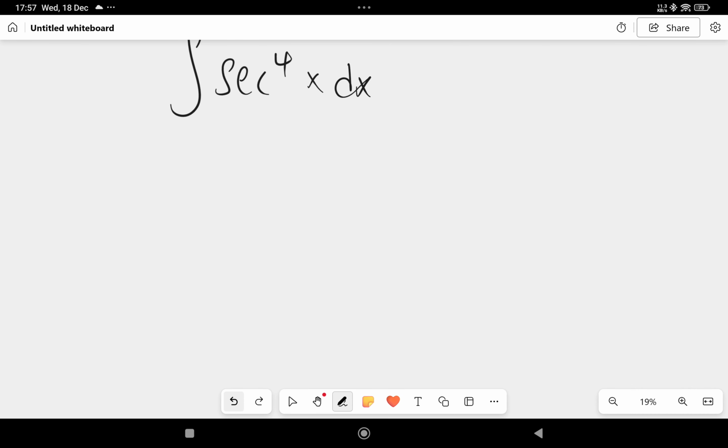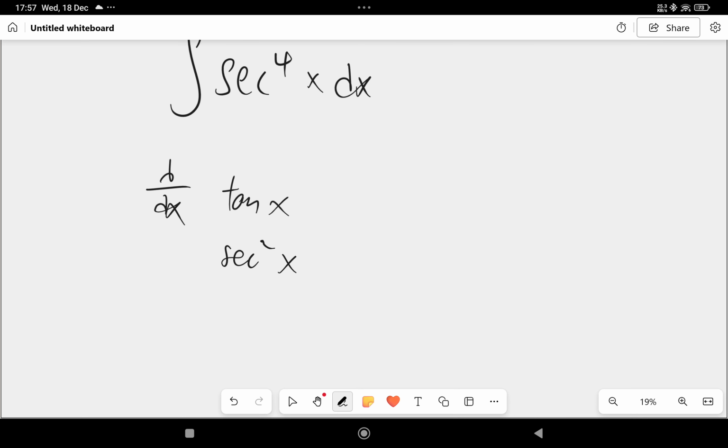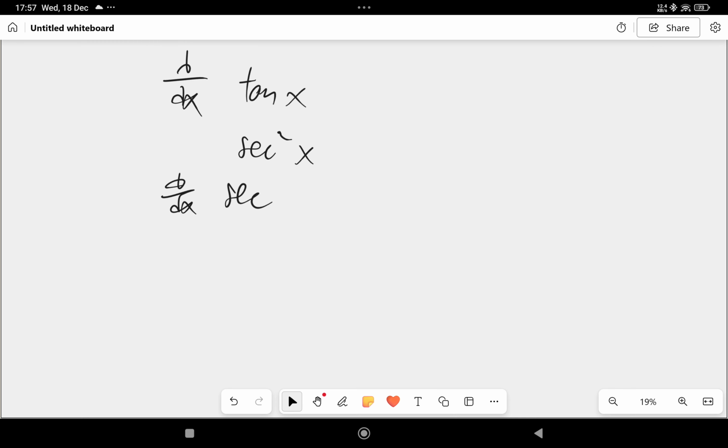So what if I ask you, what is the derivative of tangent x? You will give me the answer secant squared x. If I ask you, what is the derivative of secant? The answer will be secant tangent.